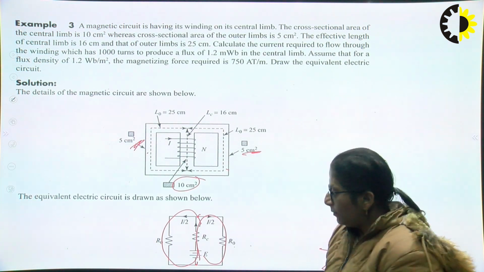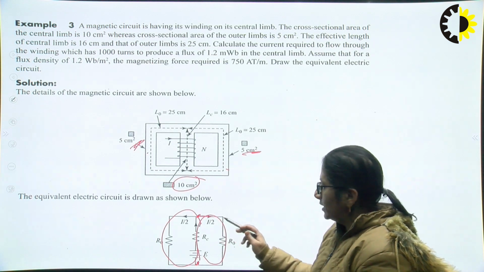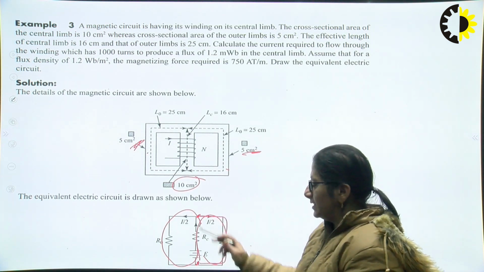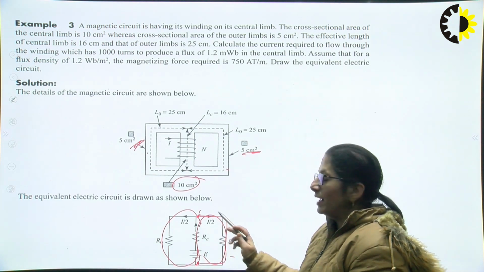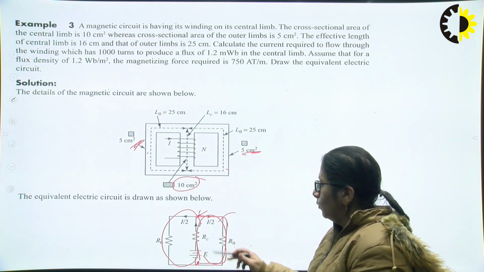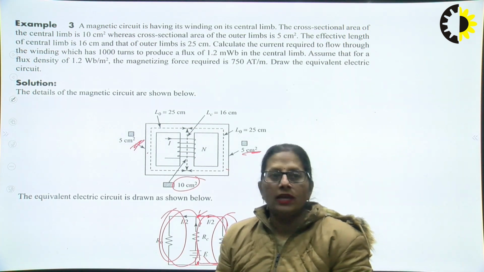So I may say the voltage for this path plus the voltage for this path, or either the center path plus this other one. I may apply my KVL either in this mesh or in this mesh, because as both of these are parallel, both the voltages are going to remain the same.